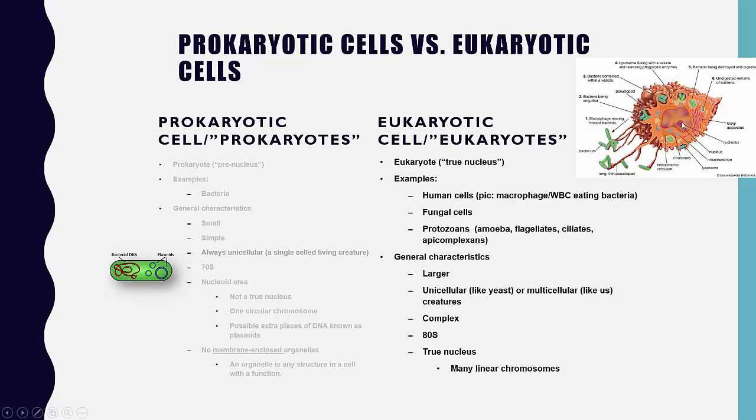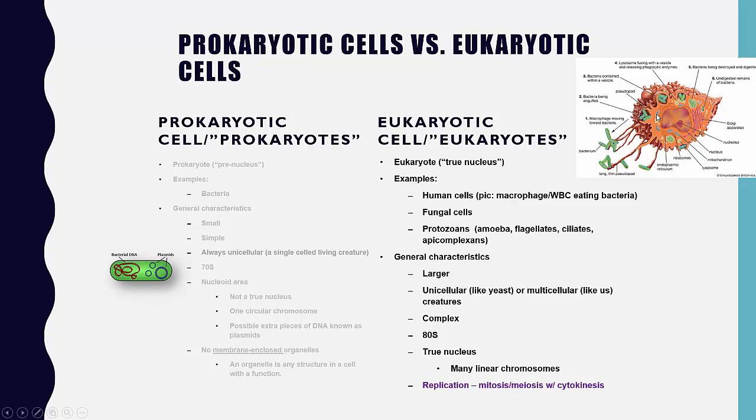Now, the chromosomes that eukaryotic organisms have are linear, so they're not circular, they're linear, like a line. And usually eukaryotic cells have many of them. Replication tends to be extremely complex because of our many membrane-enclosed organelles, and also because of our many linear chromosomes.